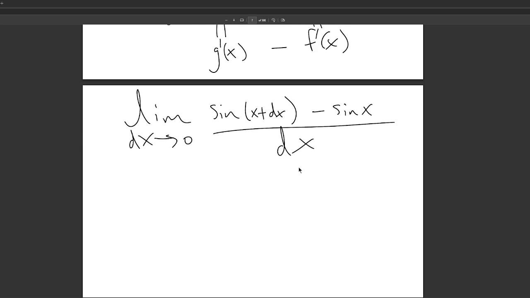Yes, you're right. Okay, so the definition, I'm just going to write the identity.